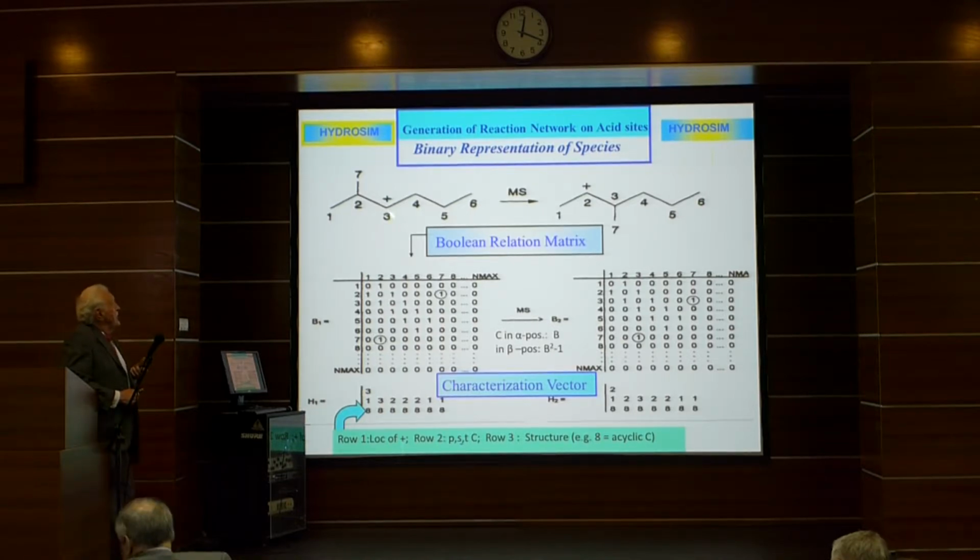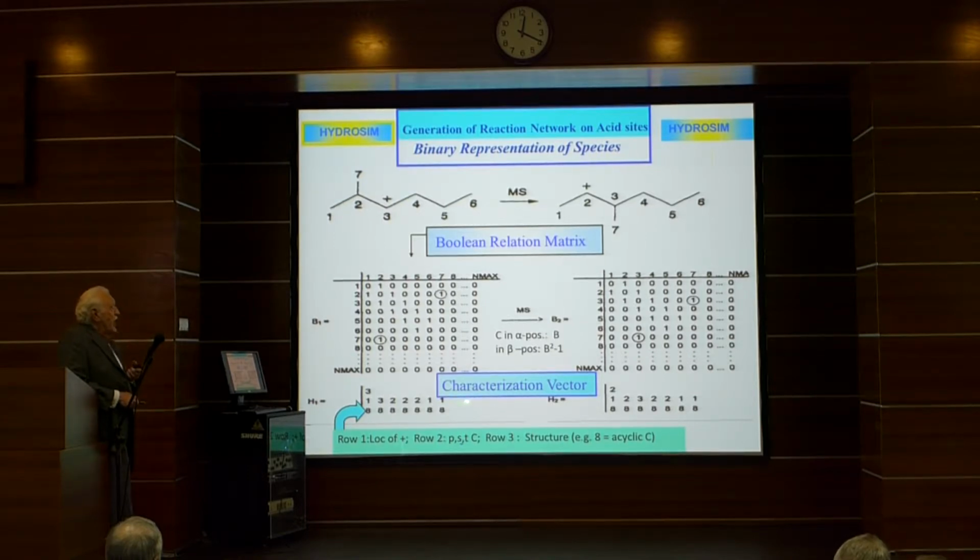For instance, this is an isoparaffin, and you have a methyl shift in that molecule. We go from that to that component, and we need to describe that elementary step by means of Boolean relation matrices, and you can do that just by shifting ones that describe that composition, and this is the product.